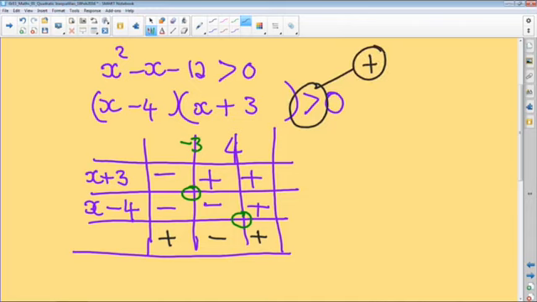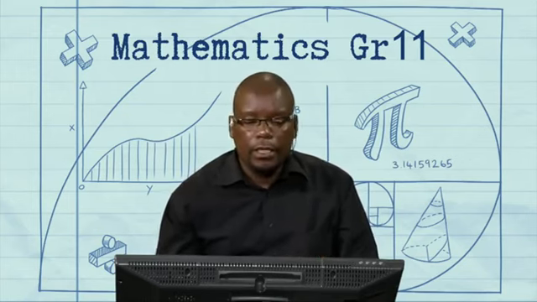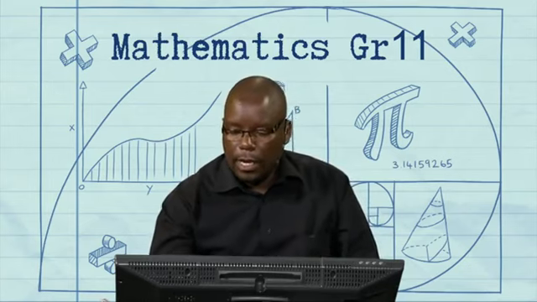Where are my pluses? On the sides. So x is less than minus 3, or x is greater than 4. Most of us as students don't prefer the table method that much, but whichever one you use, at the end of the day you'll get the same thing.